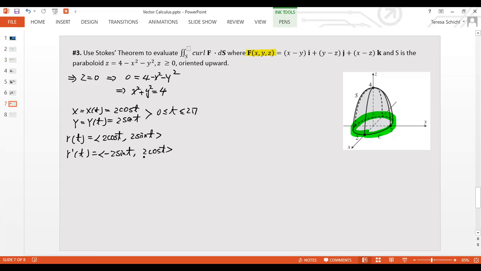Now it will be pretty easy. You just put back into your function F(r), right? Because they want us to find this one here. By Stokes' theorem, I know this is going to be equal to the line integral over C of F dot dr, right?